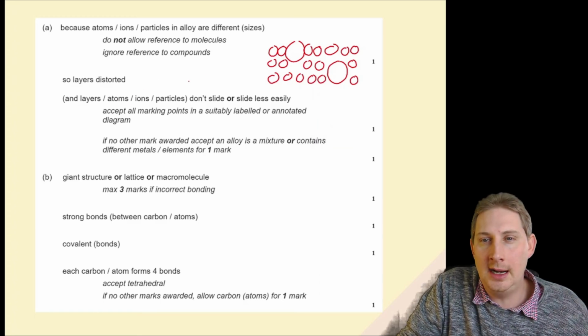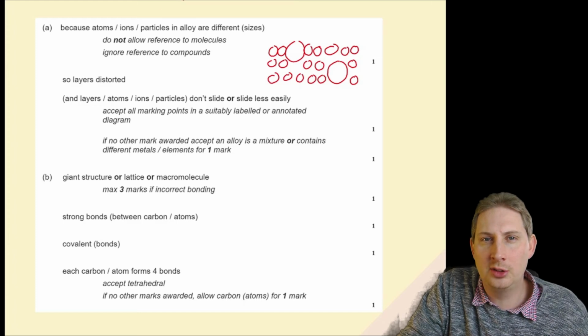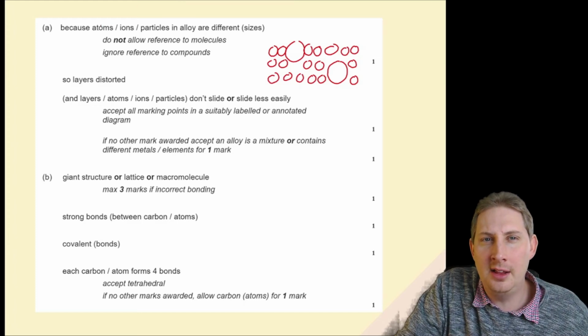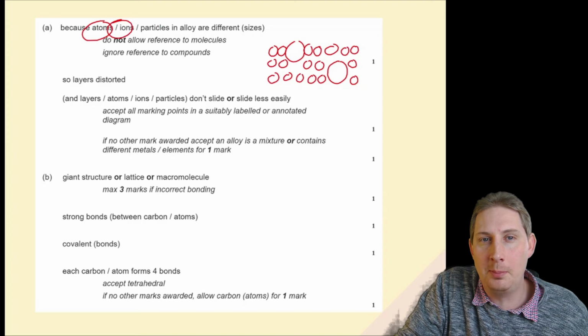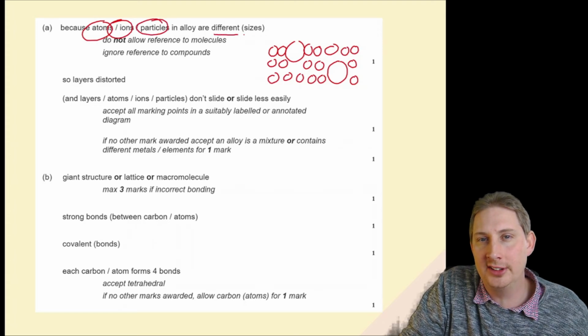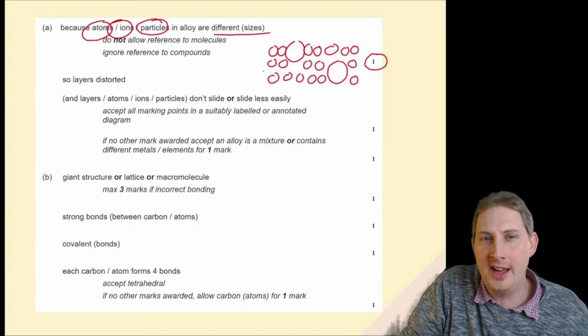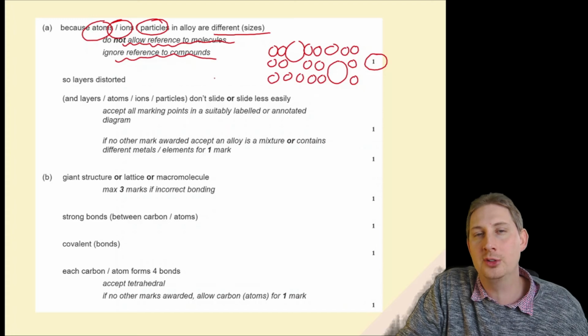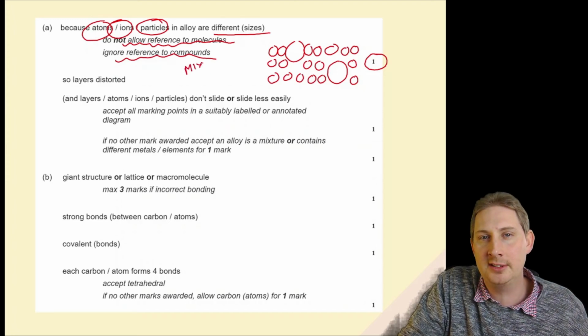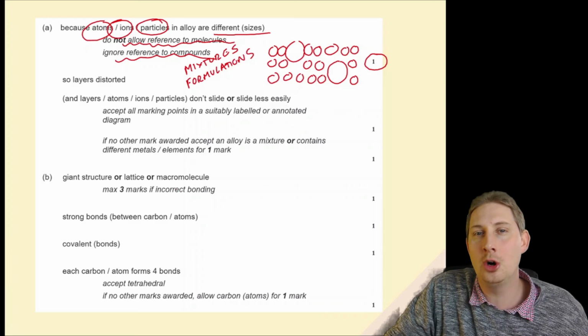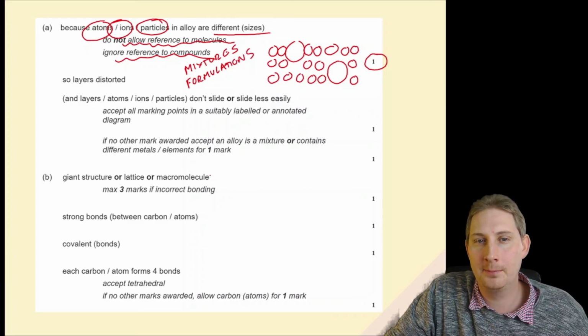So one mark for talking about the atoms or the ions or the particles in an alloy being different sizes. Don't allow reference to molecules and ignore reference to compounds, because of course alloys are mixtures. They are actually, as we've seen from C8, formulations, but they are certainly not compounds.